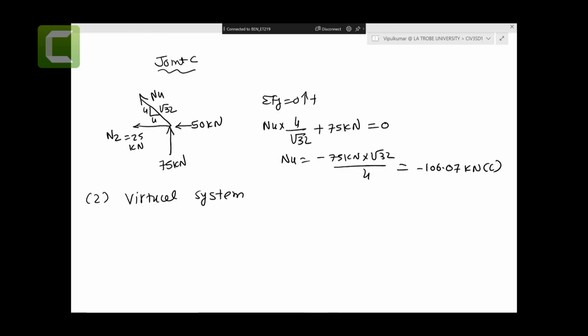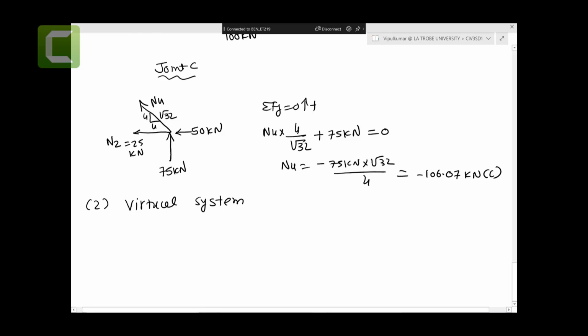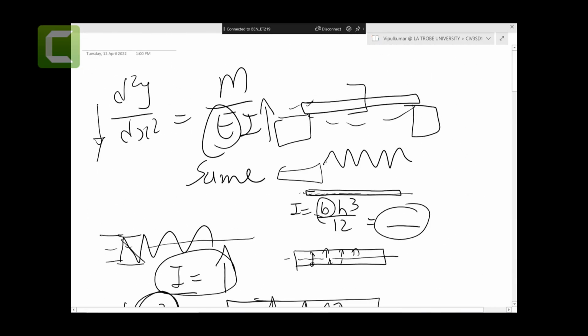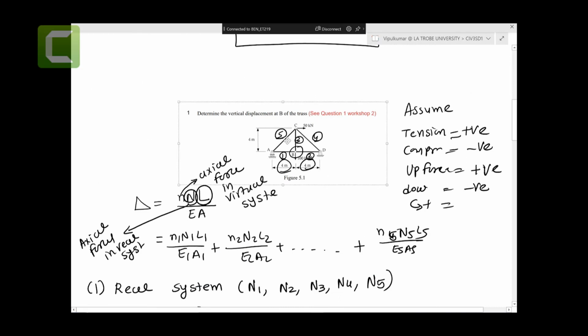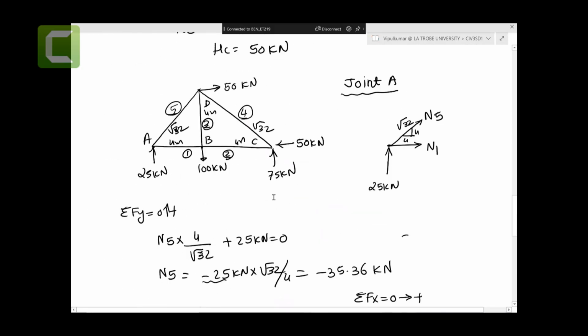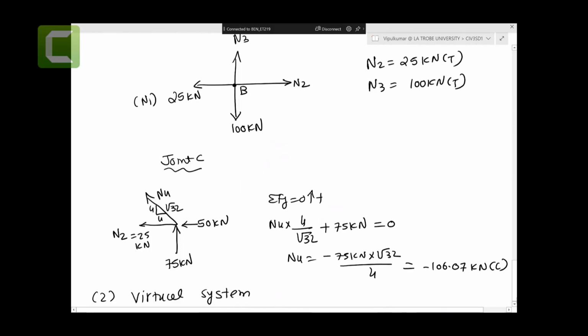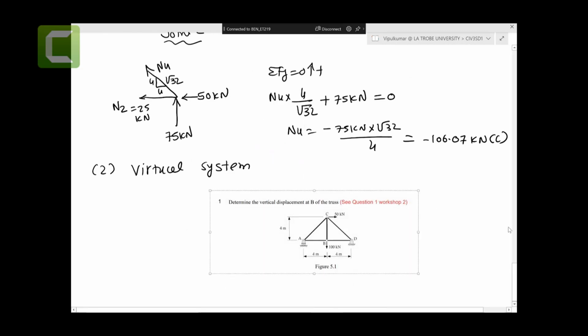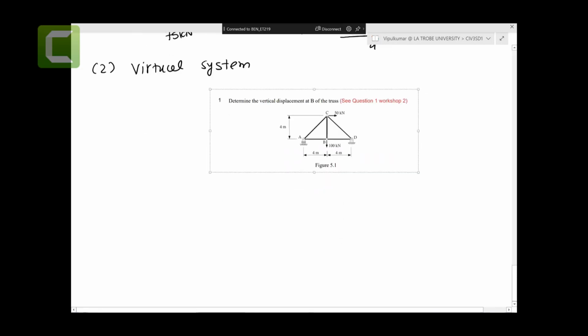Now, what do we do with virtual systems? We have these examples here. In the virtual system, there are 2 systems, real system and virtual system. In the virtual system, we redraw all the same geometry except the loading. So let's redraw it.